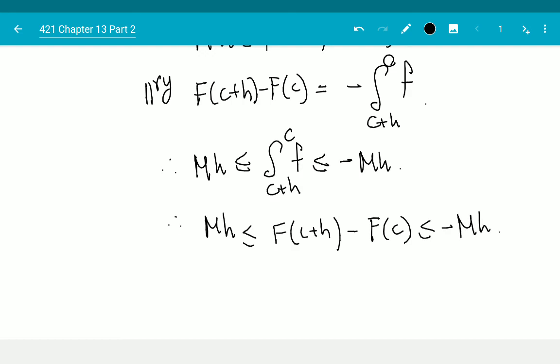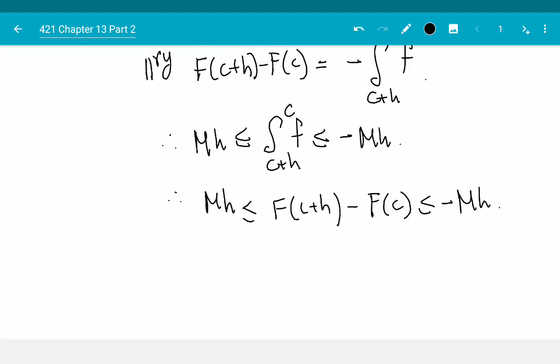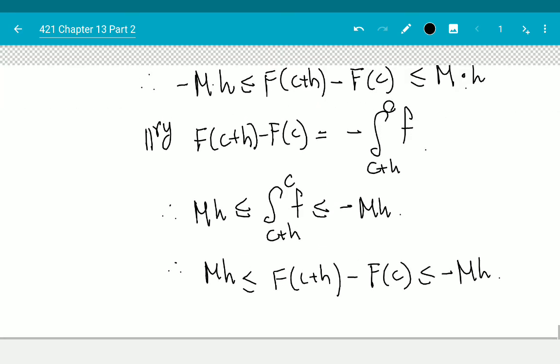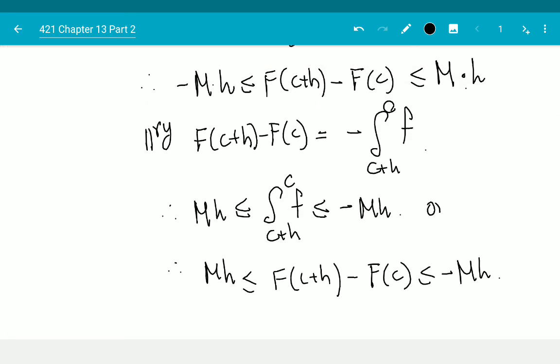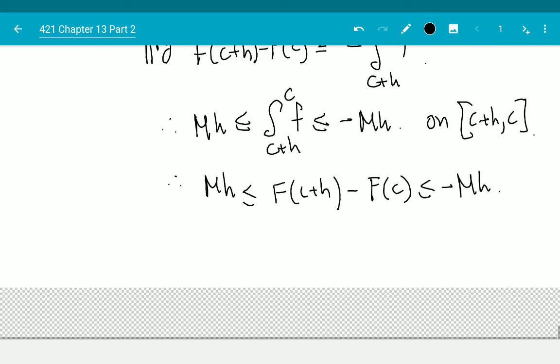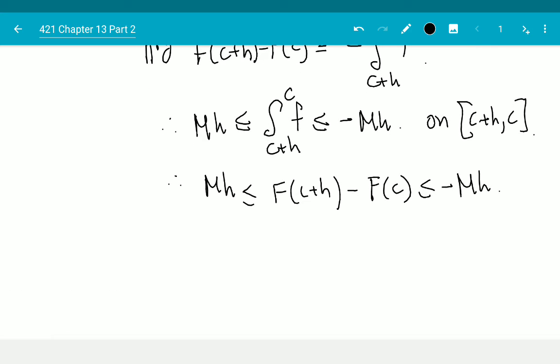Because this interval, on c plus h comma c, has the length negative h. So you can technically think that h is a negative number. So that is why you get this.